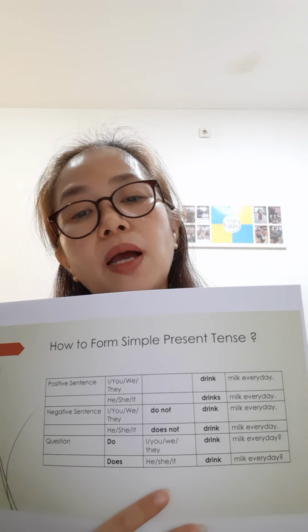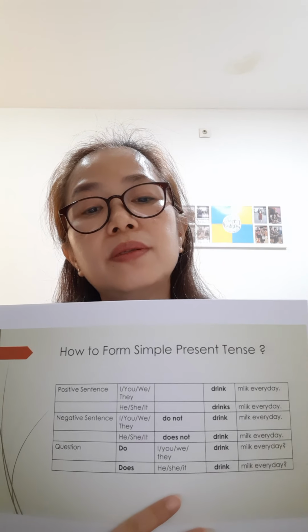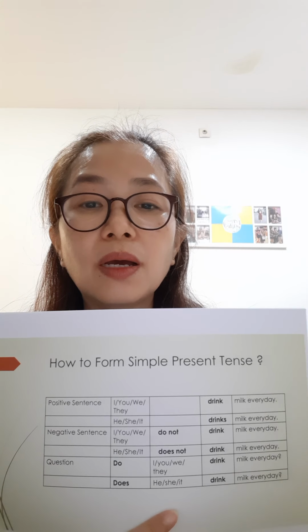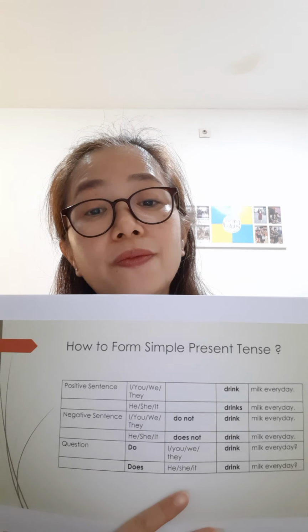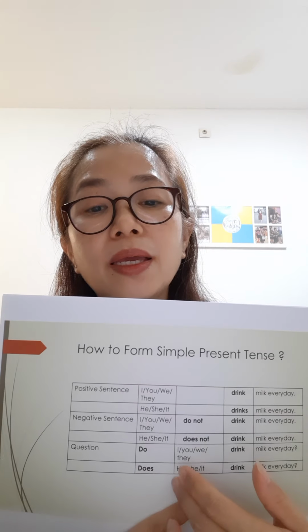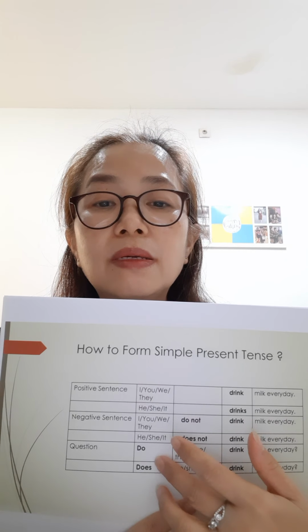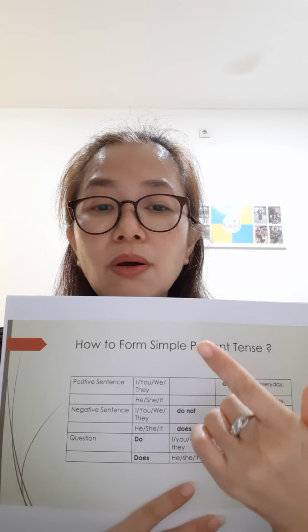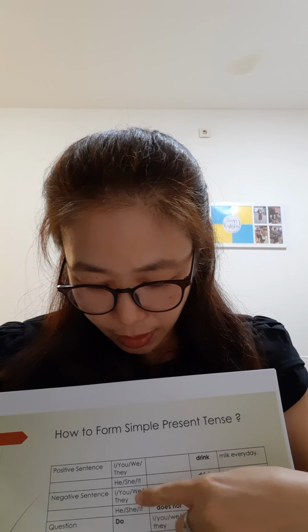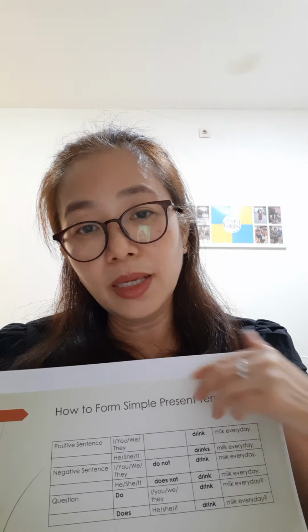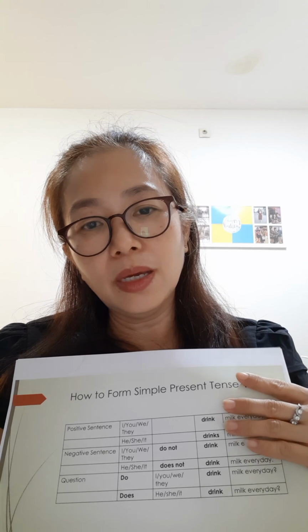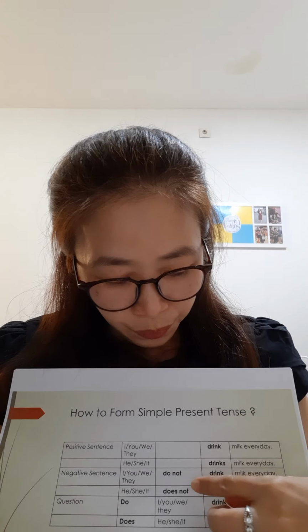And then, how to form simple present tense? It is very simple. You just have to remember that if the subject is he, she, or it, singular third person subject, you always have to put s or es to the verbs.